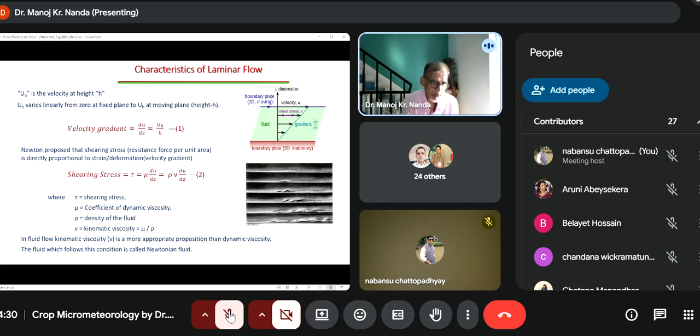All these terms are usually expressed in terms of density. So this mu is transformed to density into nu. Nu is your kinematic viscosity. So kinematic viscosity is equal to mu by rho. Okay, so this is how the laminar flow behaves.